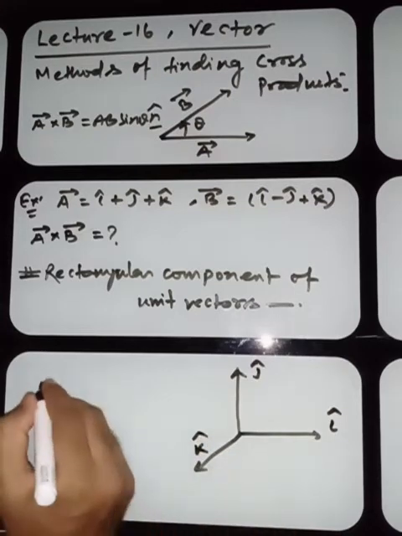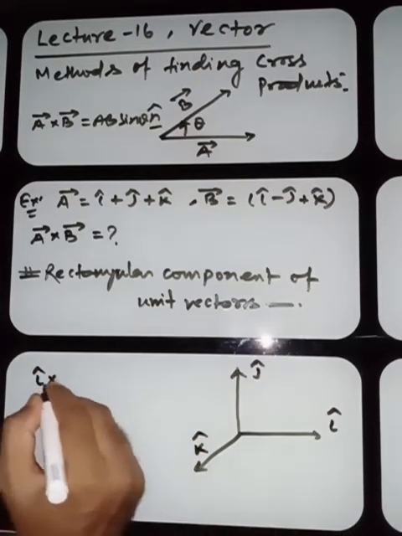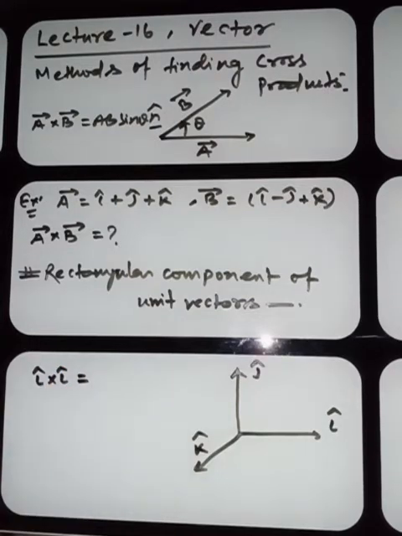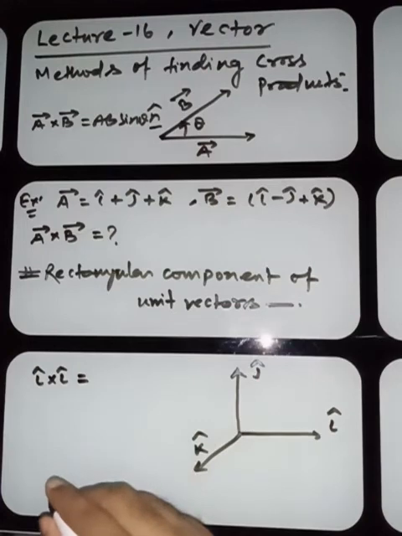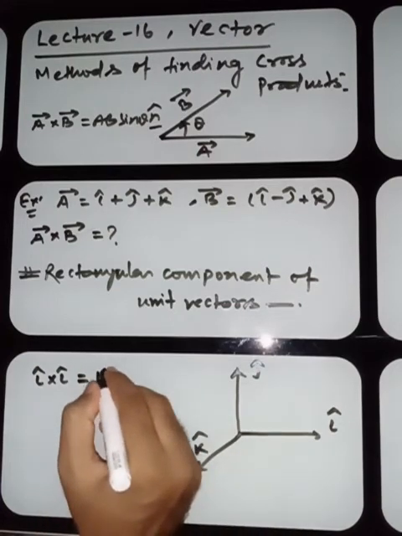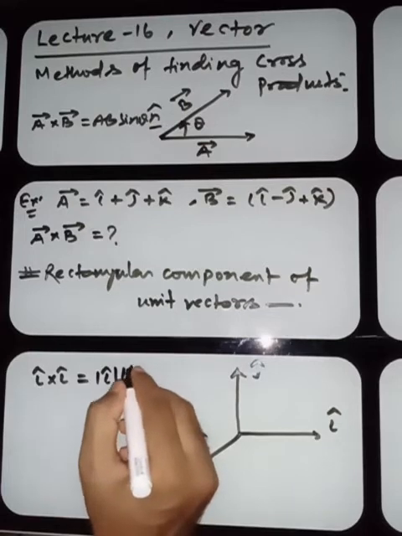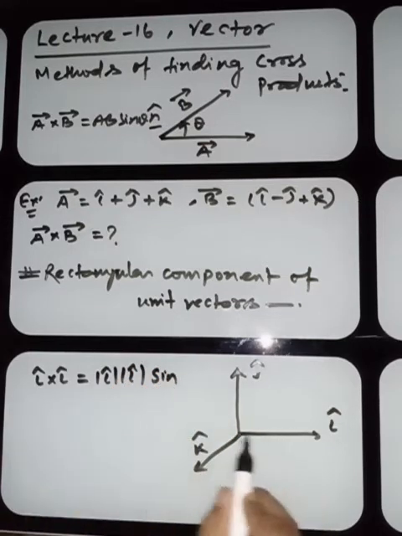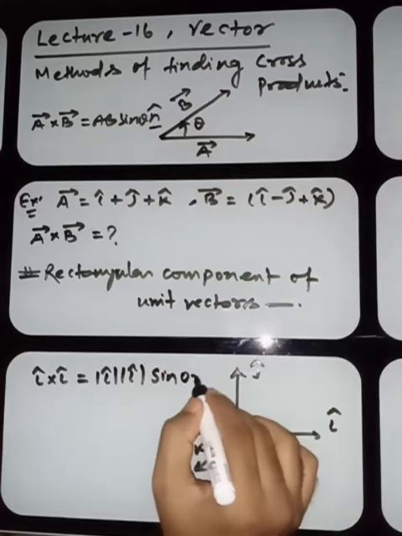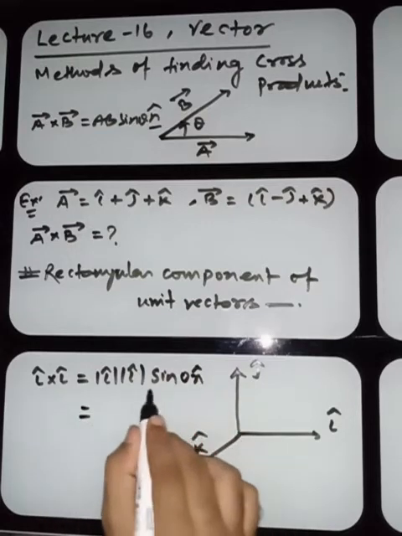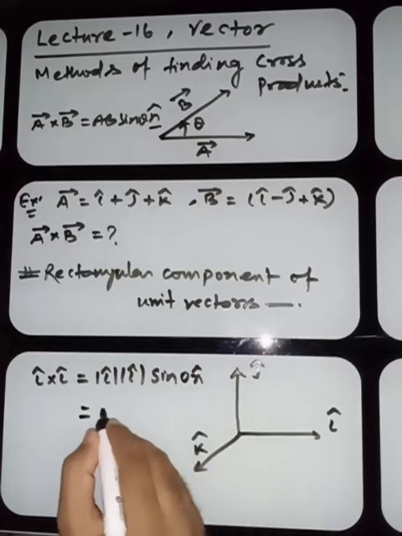My dear students, here i cross i. What will be the answer? Kindly tell me. It is mod of i into mod of i, and the sine of the angle. Since the two i's are in the same direction, the angle will be 0 degrees, and sine 0 gives 0.